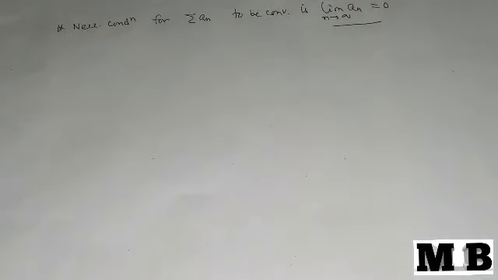So this is the necessary condition for a series to be convergent. It is not a sufficient condition. Why? We have some counterexamples for that, and we will discuss them, but I expect that you will go to any standard book and study a few more examples for your own satisfaction.